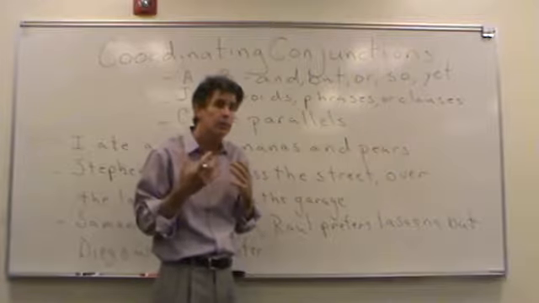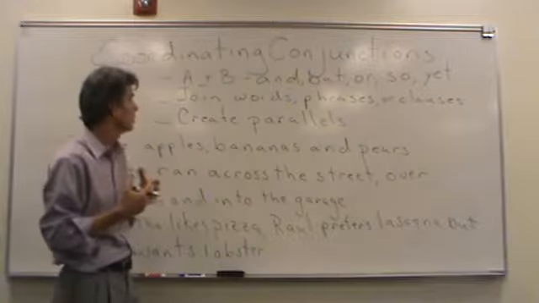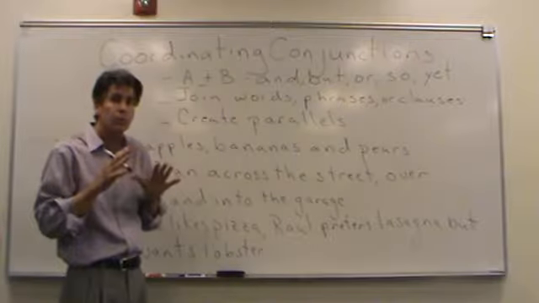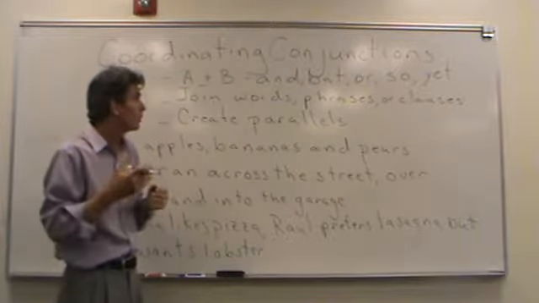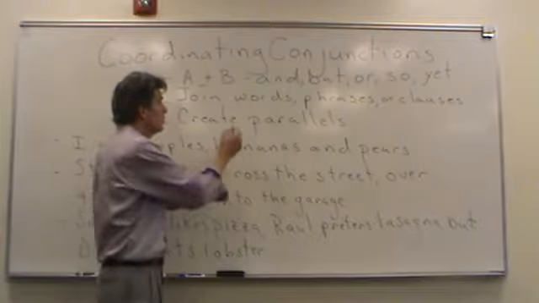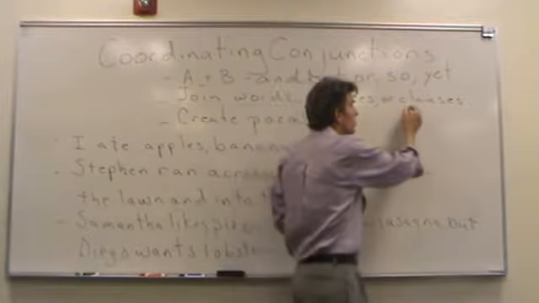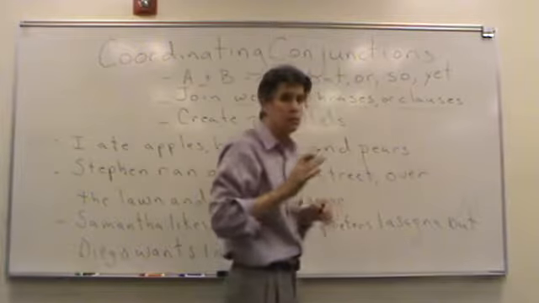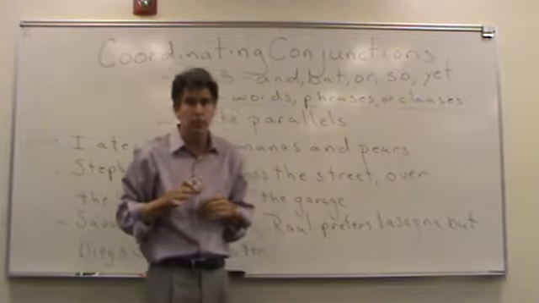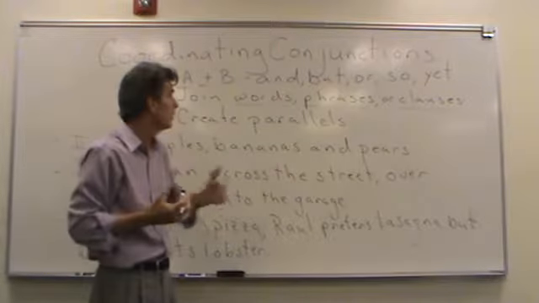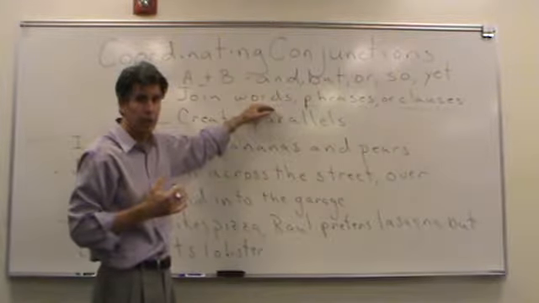But what these coordinating conjunctions do is they join the 3 different parts of language. They join words, they join phrases, or they can join clauses. They can join any one of those. Now, the way most people know them when they start this class is they know how to join words together.